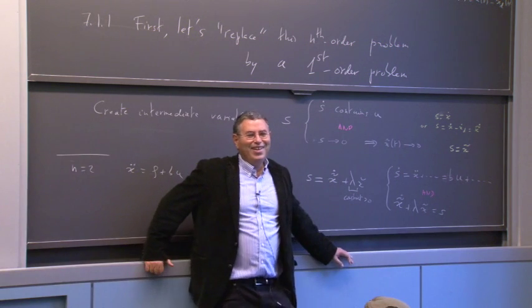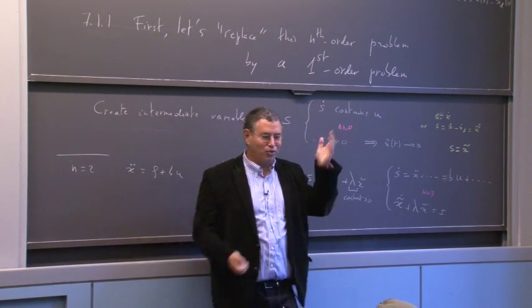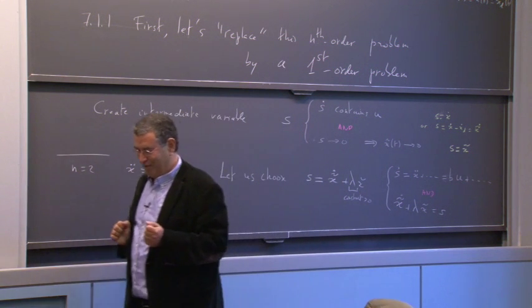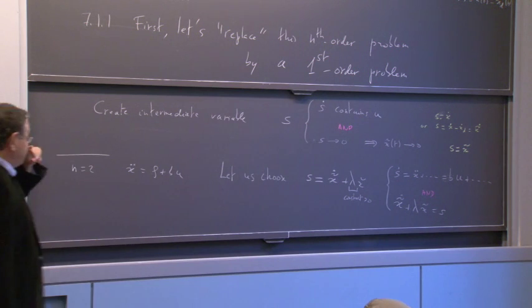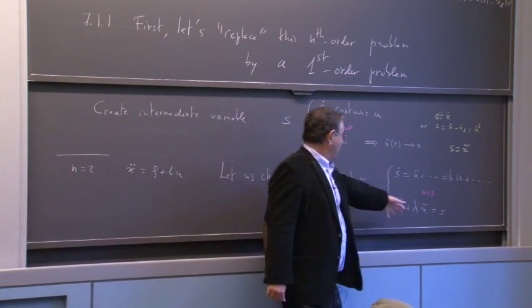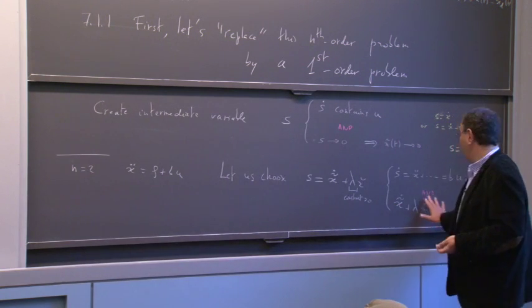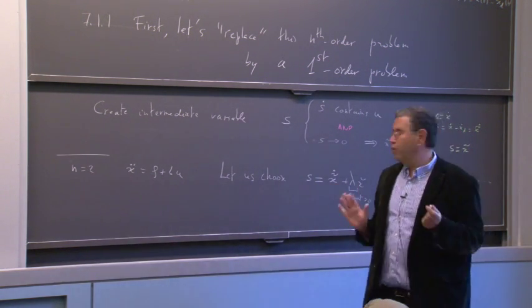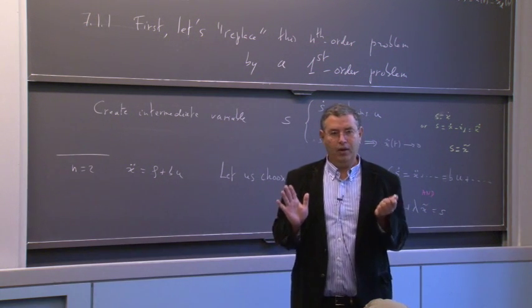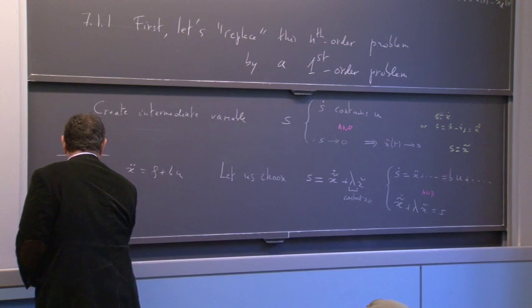And by the way, we'll make this more formal later on when we talk about virtual systems. So why am I saying this? Because if you now look at the second equation, it can be interpreted in a completely different way. It can be interpreted as saying I have this variable s.